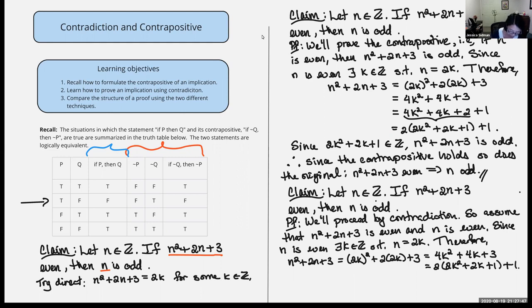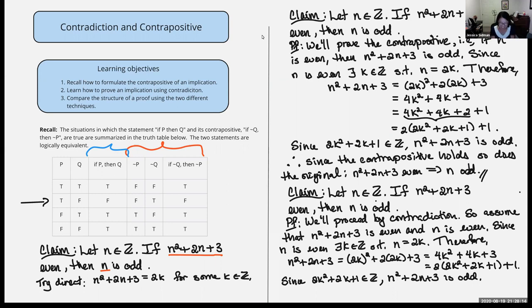And then I'll say since 2k squared plus 2k plus 1 is an integer, since it's in Z, what we can see is that n squared plus 2n plus 3 is an odd number, because I've written it as twice an integer plus 1.